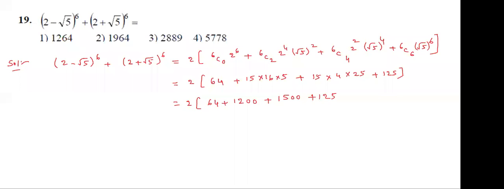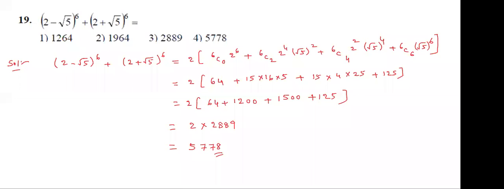Overall, see students, 1500 plus 1200 plus 125 plus 64. So the total is 2889. This is okay. So multiply with 2. So we get 5778. This is the answer.